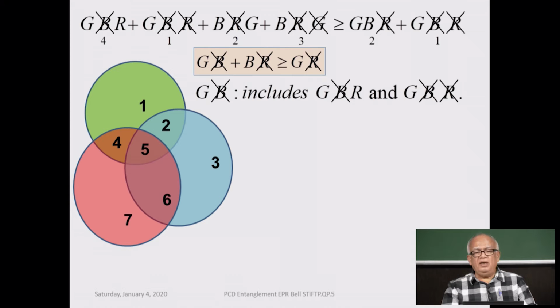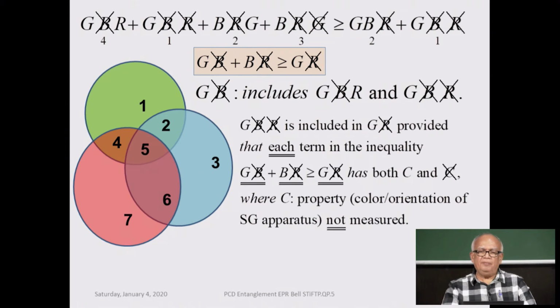Now, can we compare this result with the correlations that we get from measurements carried out by Bob and Alice using their apparatuses, which are different apparatuses having different orientations, and find if the correlations that we get from their results agree with the predictions of this inequality? That is the test that we are going to carry out. Okay.